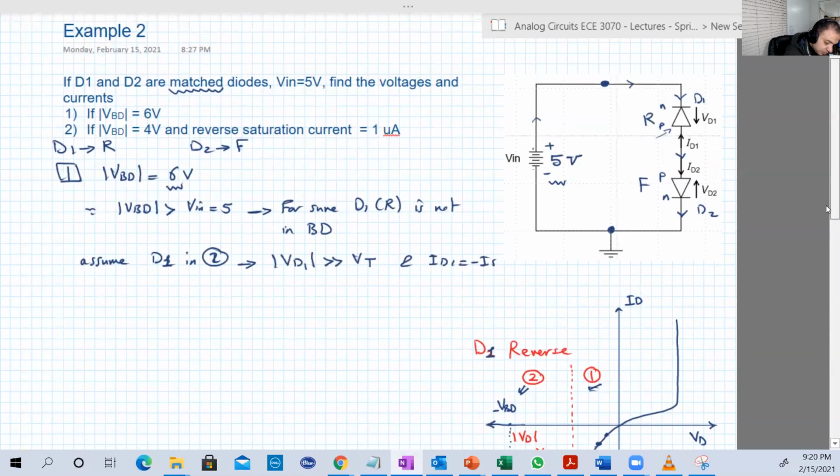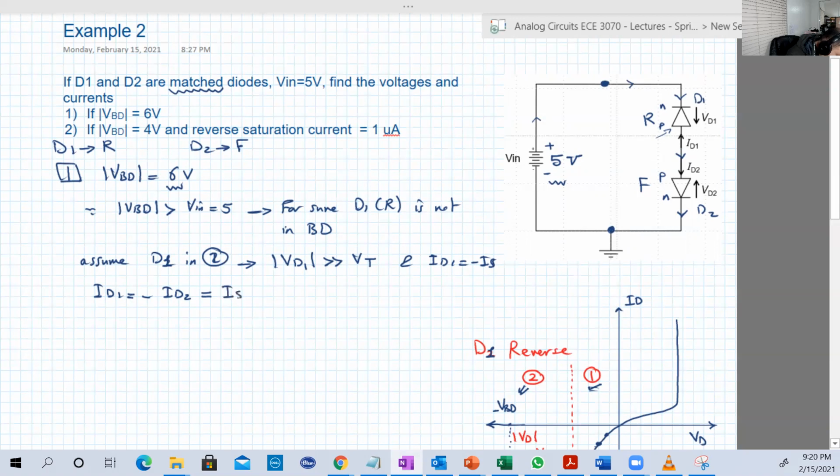Just look at the circuit now. What is the relation between ID1 and ID2? ID1 here is going from bottom to top, and ID2 is going from top to bottom. So ID1 is minus ID2. So ID1 will be, let's remove ID2, and both minus IS, so minus will be positive.